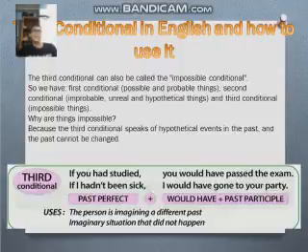Notice that if, when and as soon as are used with the present, but they talk about the future. The future is marked with will in the other part of the sentence. More examples of conditionals with if, when, as soon as.